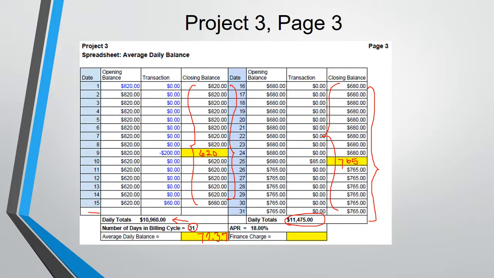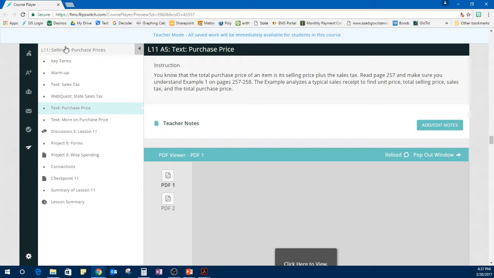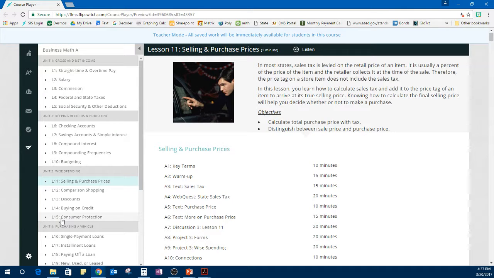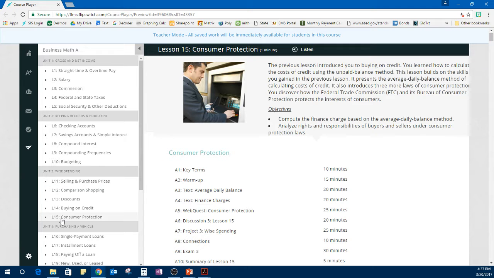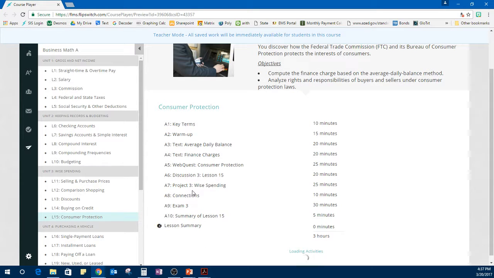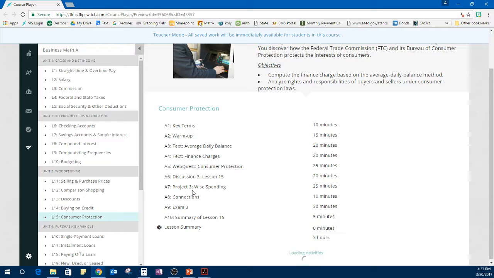So just to let you know, if you don't remember how to do that, you can go to lesson 15 activity 3. I'm going to go right there for you really quick just so you can see it.